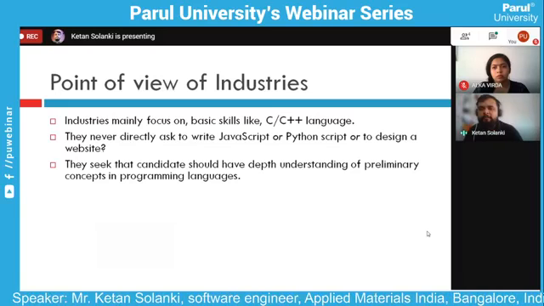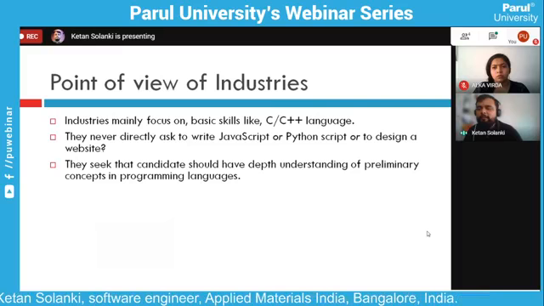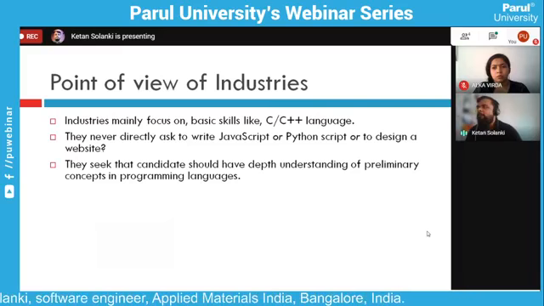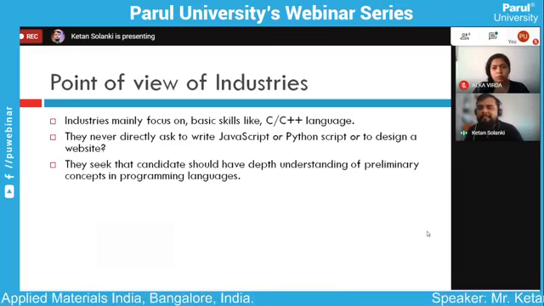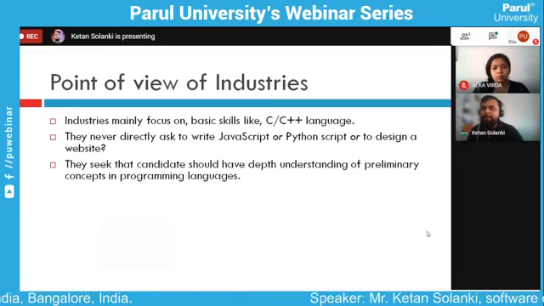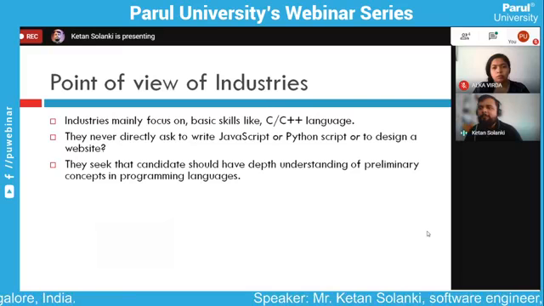If you are applying for C++ or C sharp, you should have all the preliminary concepts of that language. Advanced concepts are not the primary focus. In the first couple of stages of interview, they will not ask any questions from the advanced topics.